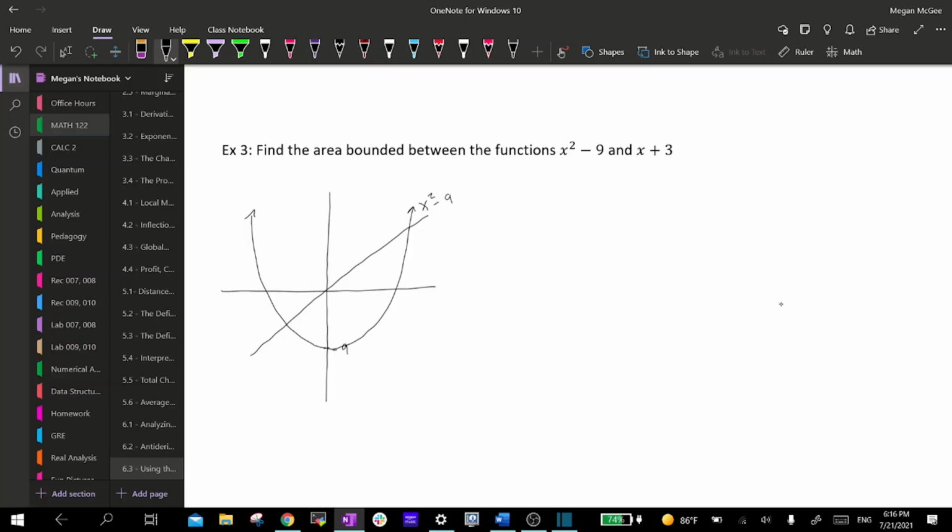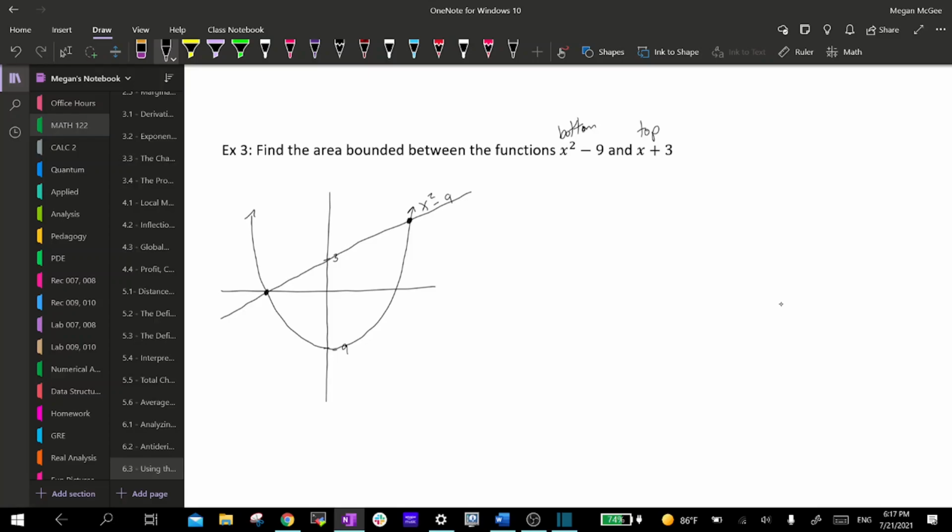So now we have y is equal to x plus 3, which just gives us an upward shift 3 units. So let's say this is 3, and we're going to draw our line like so. Good enough. And we are then looking for these 2 points. So from our graph, we have determined that our parabola is the bottom function, and the x plus 3, our line, is our top function.